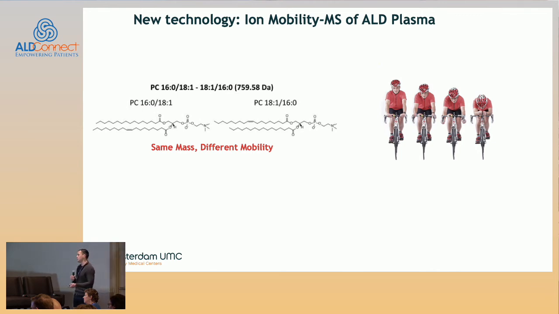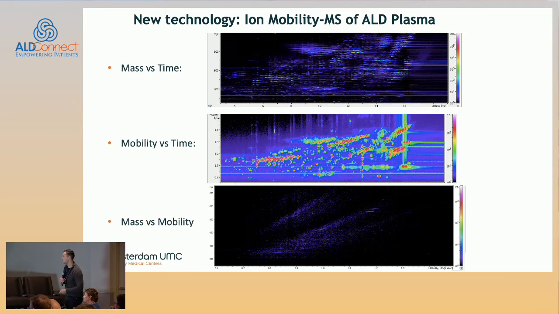This is actually the same principle that we use for ion mobility analysis. How we separate them based on their steric structure. And by using this technology, we can make quite sophisticated biomolecular profiles of ALD samples.